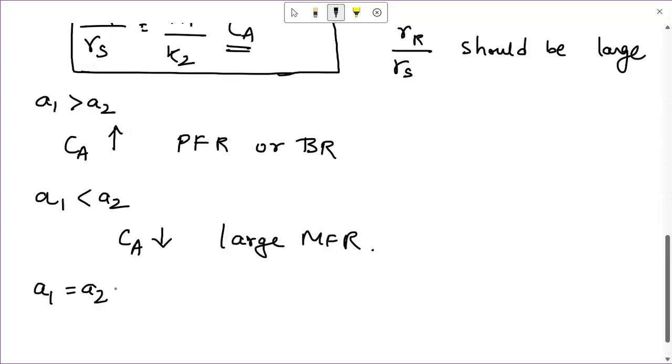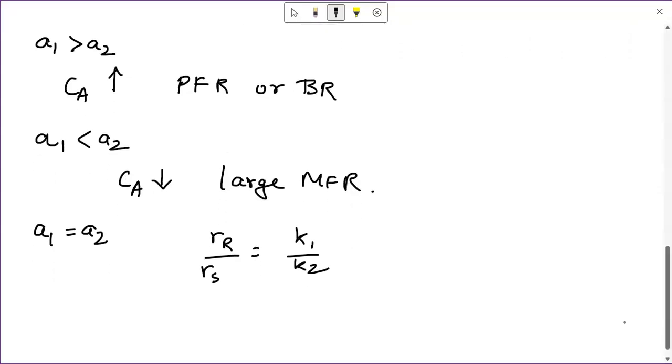If A1 becomes equal to A2, then RR by RS will become equal to K1 by K2. So now the entire dependency is on the reaction rate. But we already know that the reaction rate is fixed for a specific system like this case.